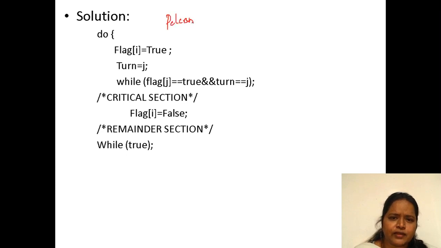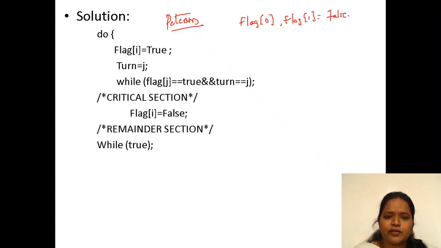So initially we have kept flag of 0 and flag of 1 equal to false. Here first, the solution is flag of i is equal to true.